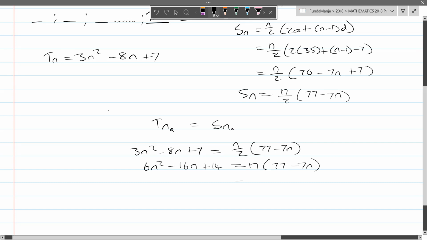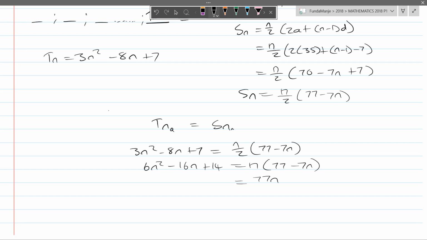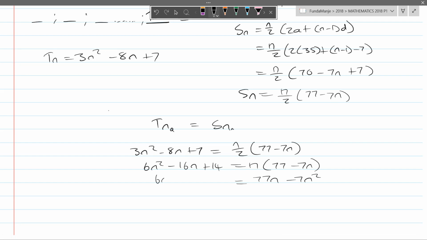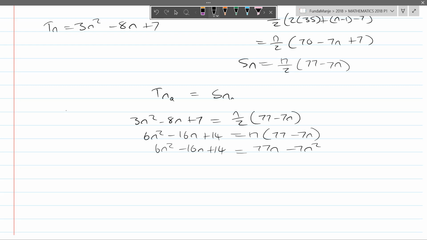Then we can multiply out this bracket. That will be 77n minus 7n squared, and we can bring this to the other side in the next row. And since it's getting clustered, I can skip a row.